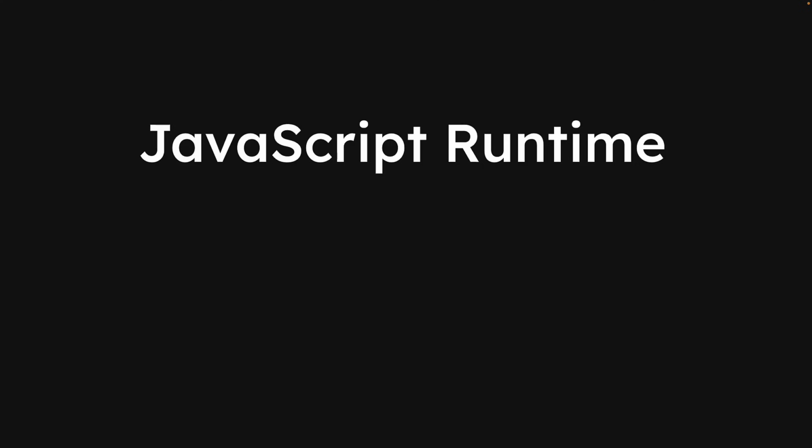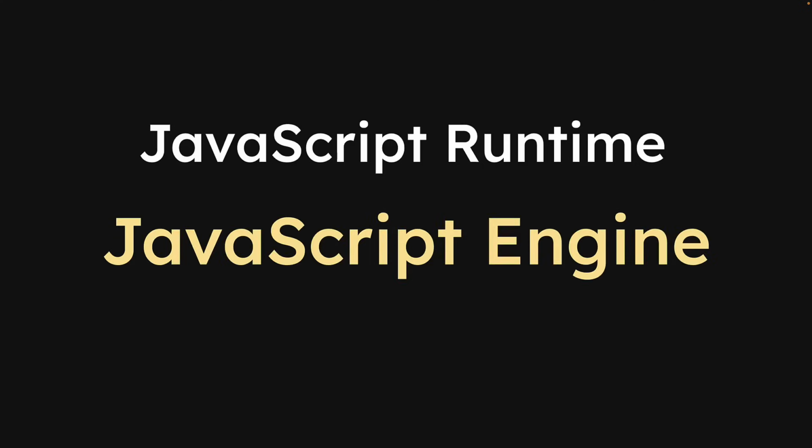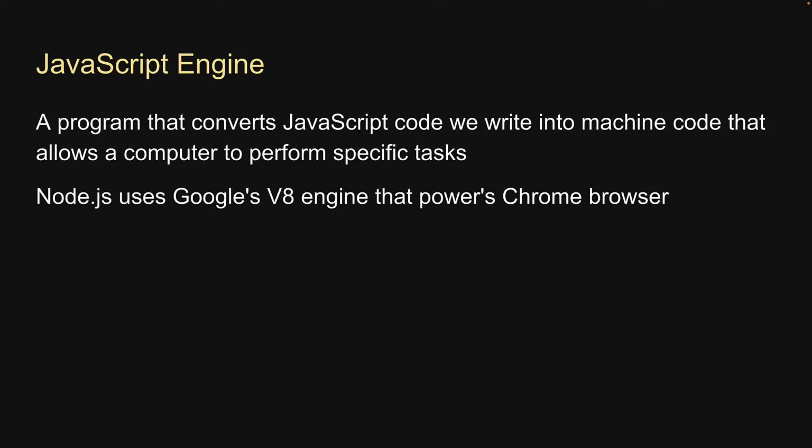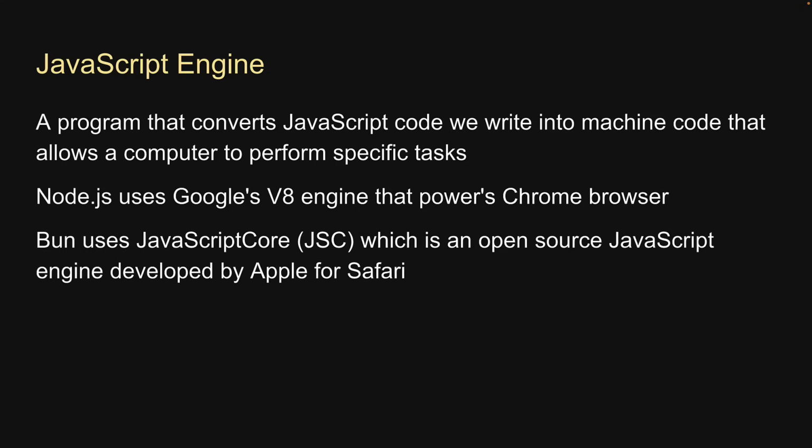The first subtopic is JavaScript Engine. A JavaScript engine is a program that converts JavaScript code we write into machine code that allows a computer to perform specific tasks. While Node uses Google's V8 engine that powers Chrome browser, Bun uses JavaScriptCore, which is an open-source JavaScript engine developed by Apple for Safari.